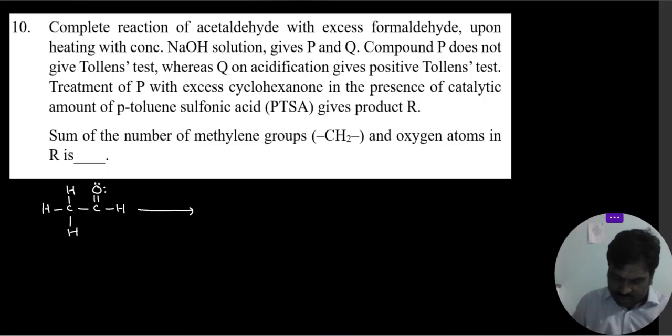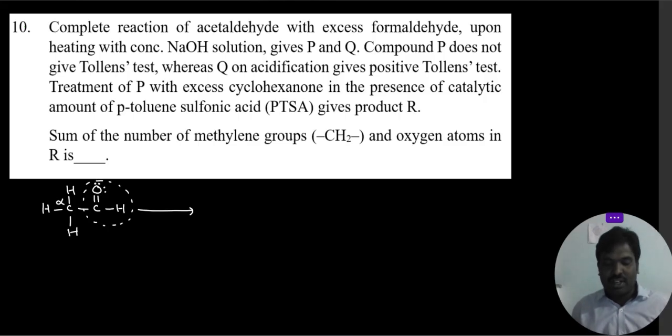This is the functional group, and the carbon adjacent to the functional group is the alpha carbon. There are 3 alpha hydrogens. That's why, with a strong base or dilute base, it can be involved in aldol condensation.